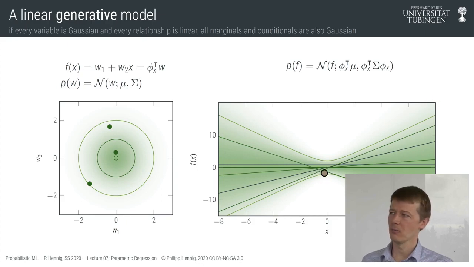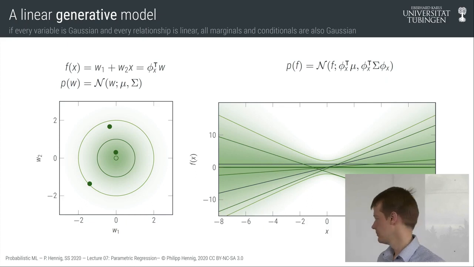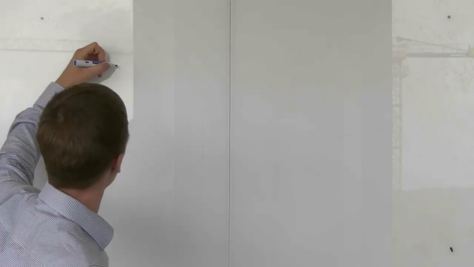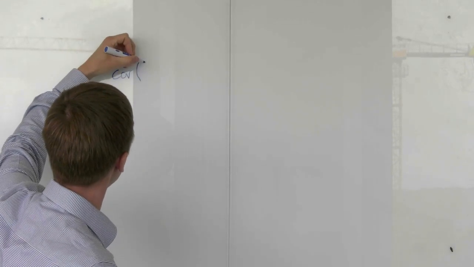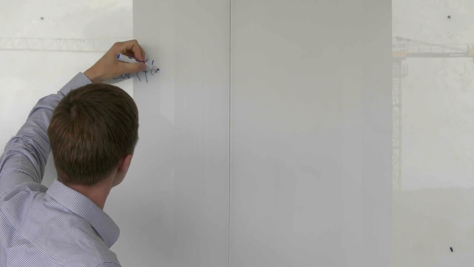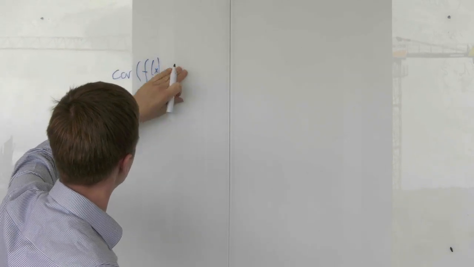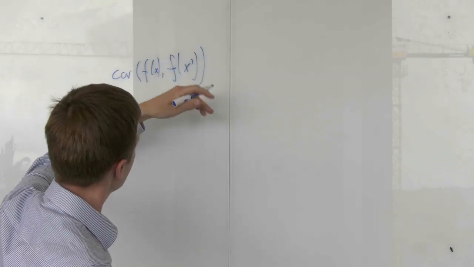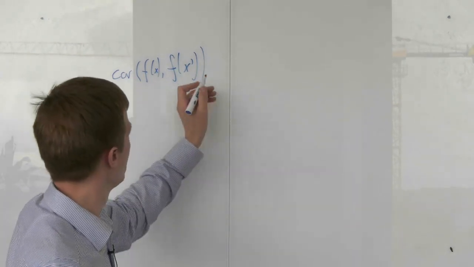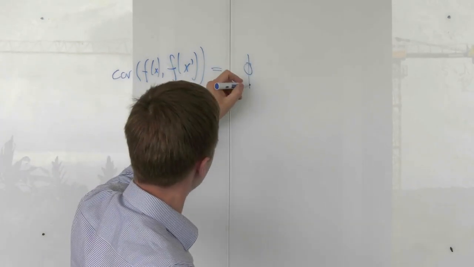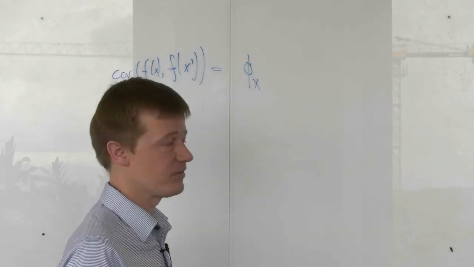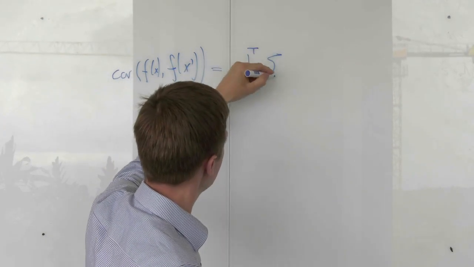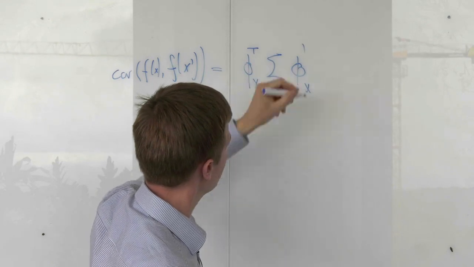Why is that the case? Well, let me write this out. The covariance between the function value at x and the function value at x prime, for any 2 x and x prime, is given by the feature of x, I'm going to use this simplifying notation, transposed times sigma times phi of x prime.